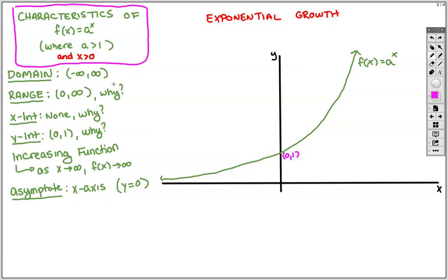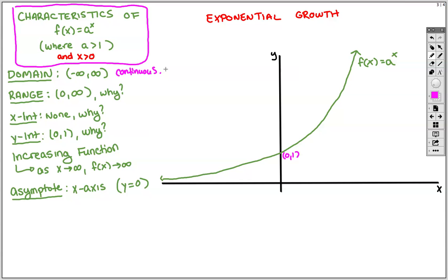We call this type of function a continuous function. Now, this is a little bit unimportant for your class, but a function with a domain of negative infinity to infinity is not always continuous; in this case it is continuous.